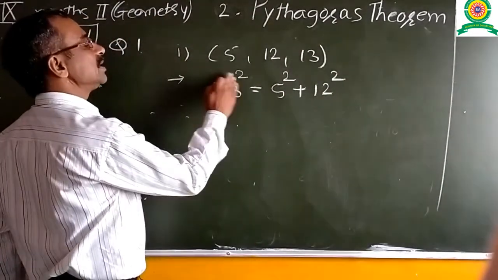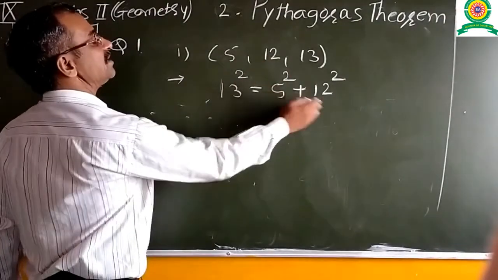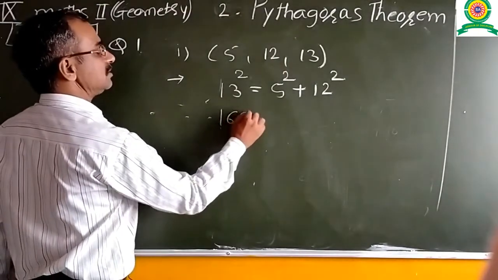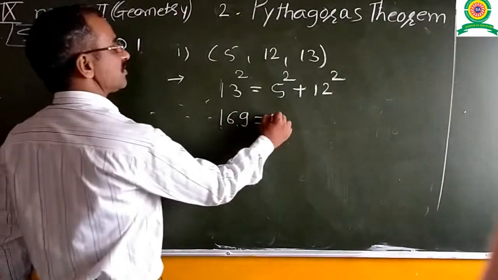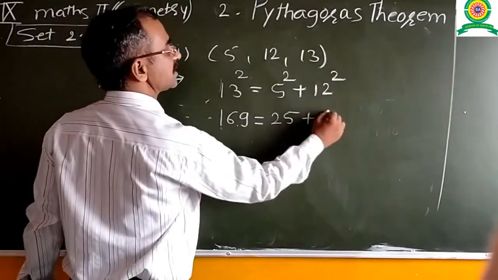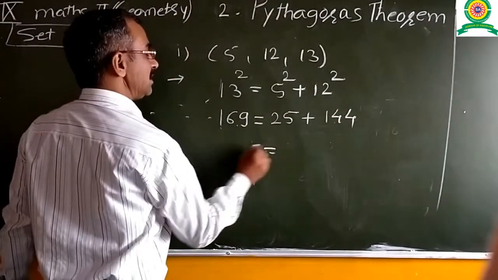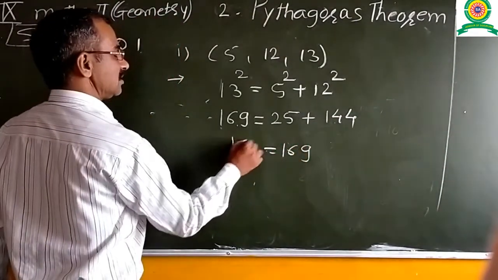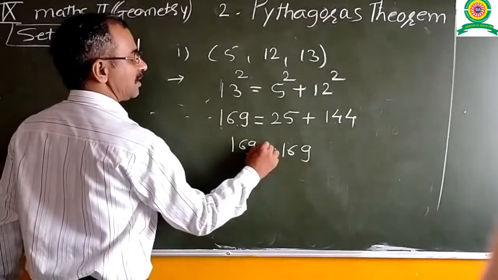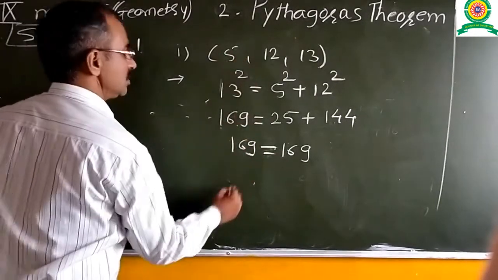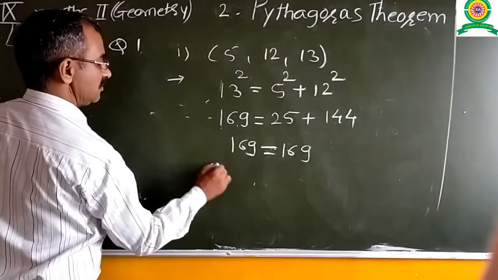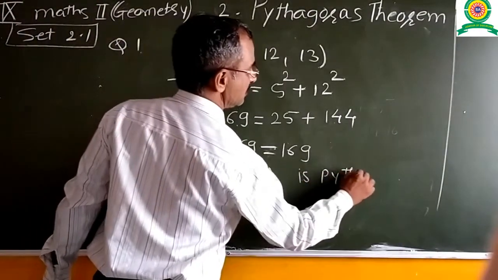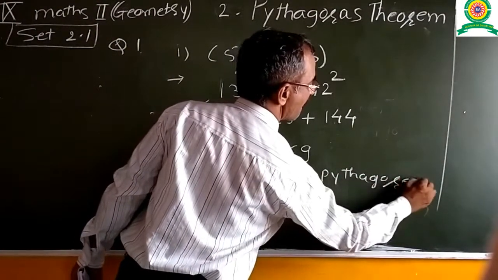Therefore 13 square is 169, 5 square is 25, 12 square is 144. Then we take the addition: 25 plus 144 is 169. 169 and 169, right and left both sides are equal. So this 5, 12, 13 is a Pythagorean triplet.